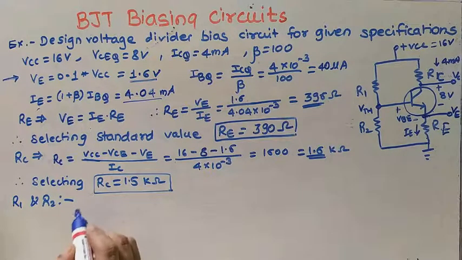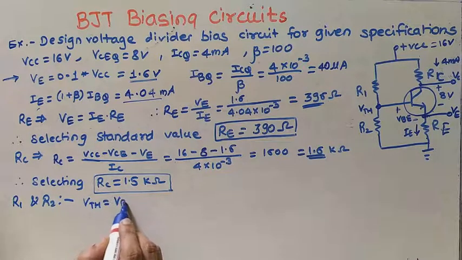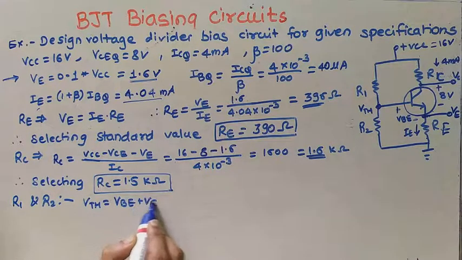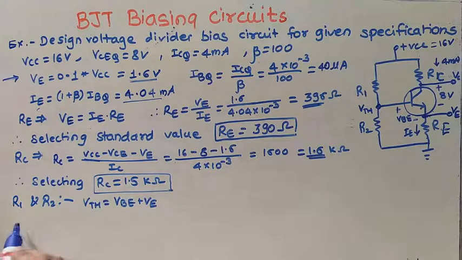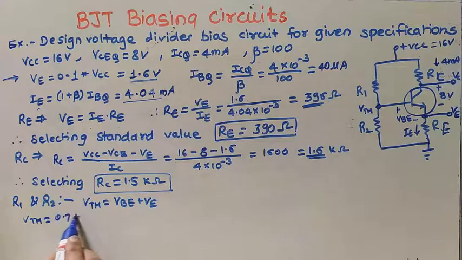From this we can find out VTH is equal to VBE plus VE, and by putting that, VTH will be equal to VBE is 0.7 and VE is 1.6. So VTH we are having equals to 2.3 volt. So we have obtained the value of VTH.